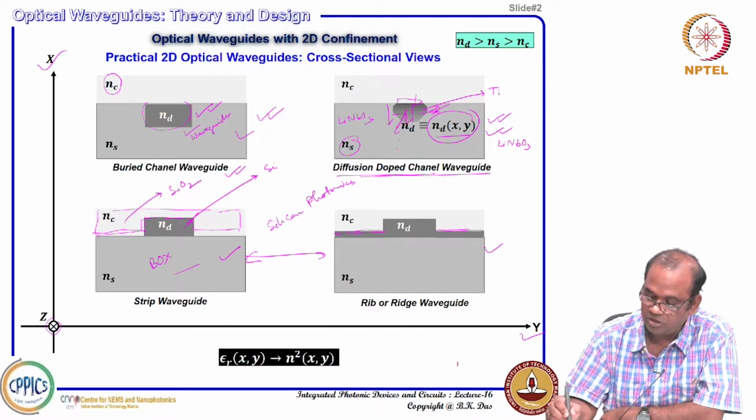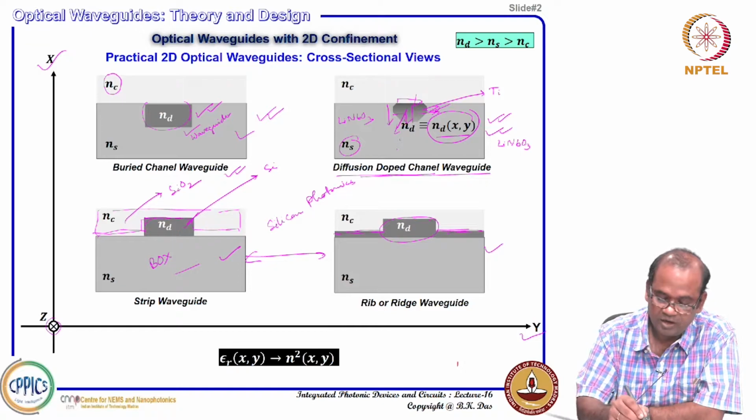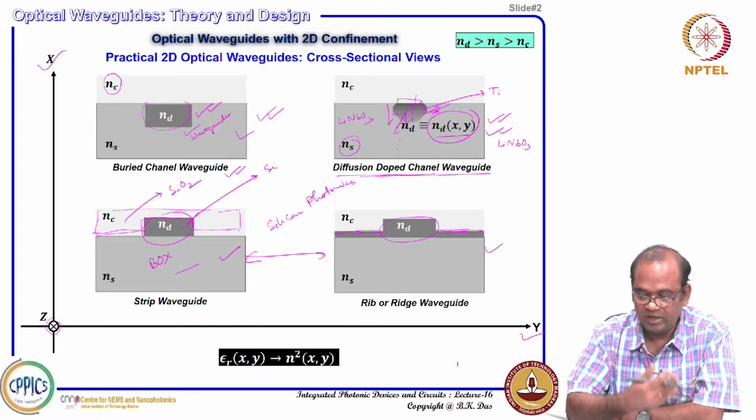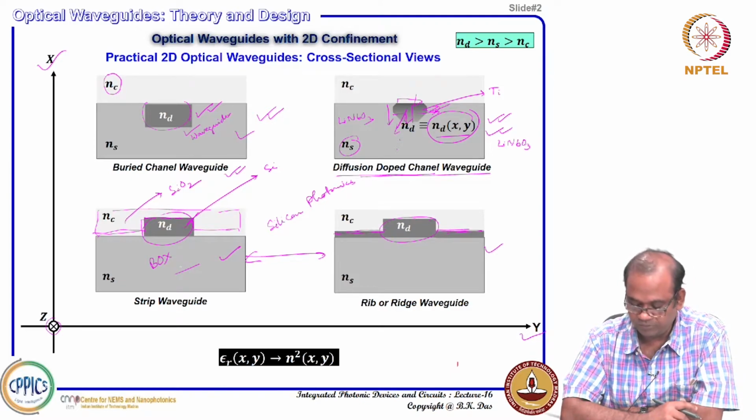You can use this device layer, and the actual guided mode will be confined here, while the surrounding region's refractive index will be relatively lower.